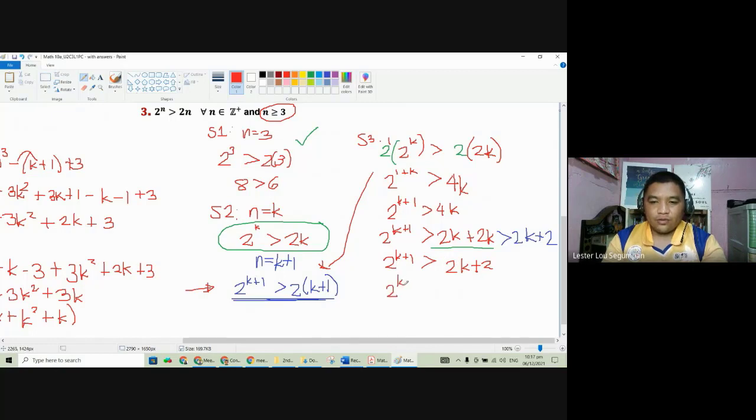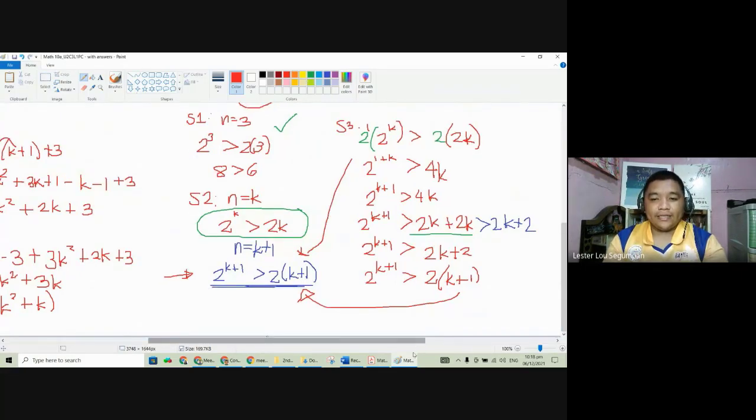So you have 2 to the power of k plus 1 is greater than 2 times the quantity k plus 1. As you can see, it's now the same as our goal. Again, the thing here is we added a number that is not part of the concern, but in the middle of those two concerns to satisfy the situation.